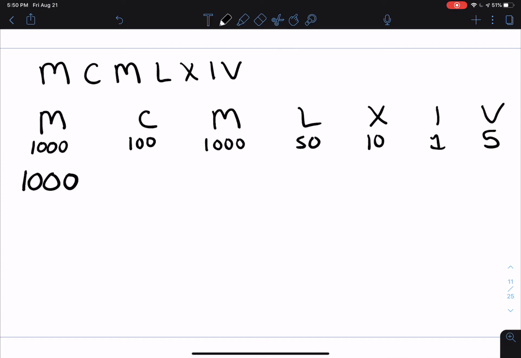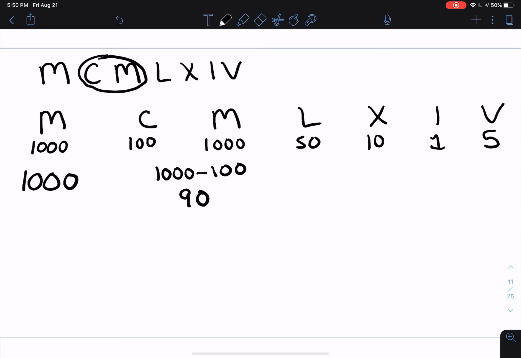But notice that for C and M, C comes before M. C is smaller than M. C is 100, M is 1,000. And since the smaller one comes before the larger one, we have to subtract, and say that that's 900. So we have 1,000, then we have a 900.